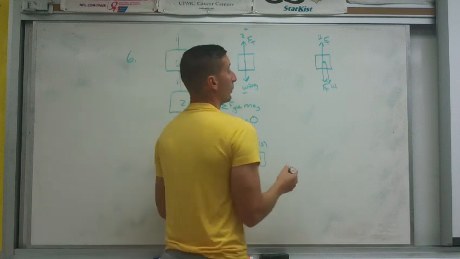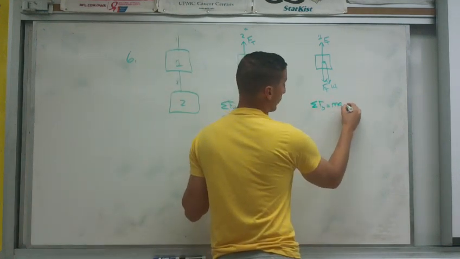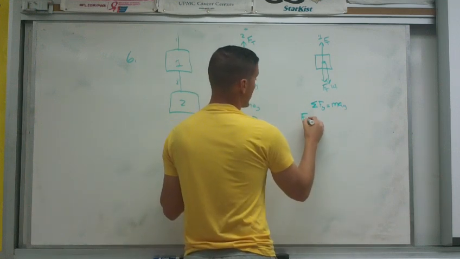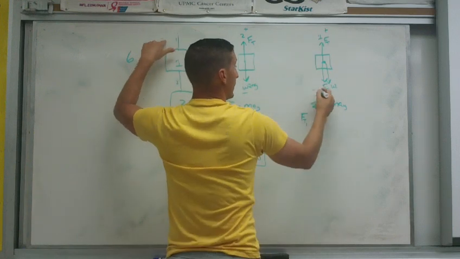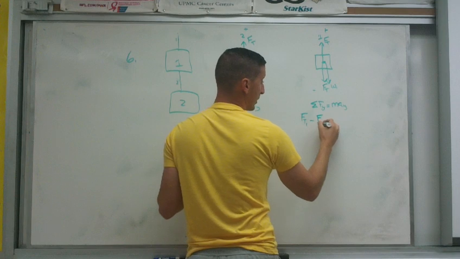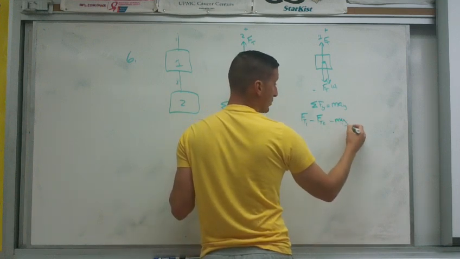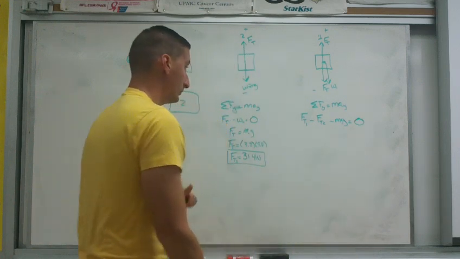Let's go over here to bucket 1, and you go ahead and do it. Summation of the forces in the y equals may. I have Ft of rope 1, in other words the upper rope, positive. I have minus the tension of rope 2, and minus the weight of bucket 1, mg of 1, equals 0, because they're not moving.